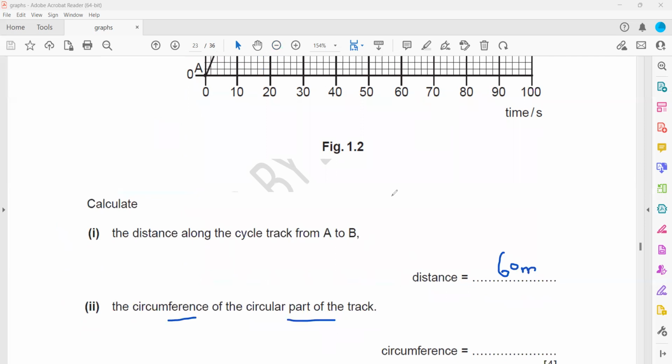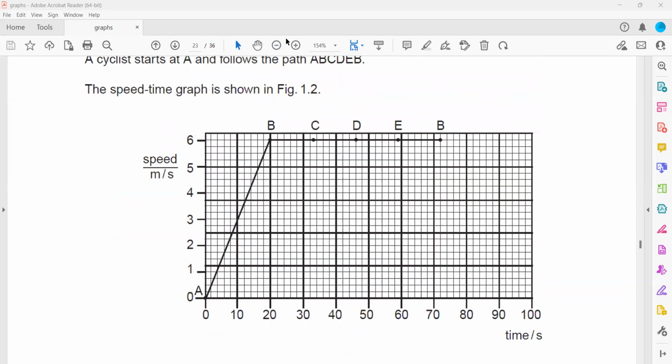So from A to B, that is equal to 60. Then the circumference of the path. As they give you the hint, circumference means the distance traveled on a circular path. So from B, then C, then D, then E, and then back to B. We need the area of this part only, not from the starting point A, only from B to B. What shape is it making?